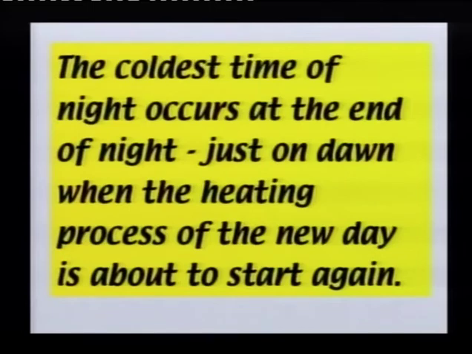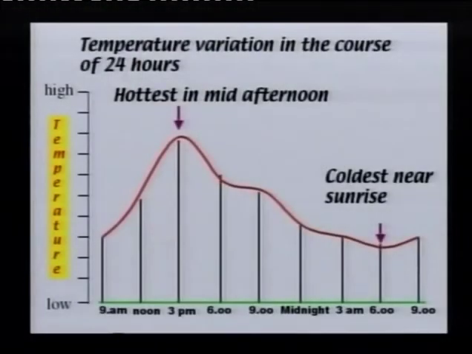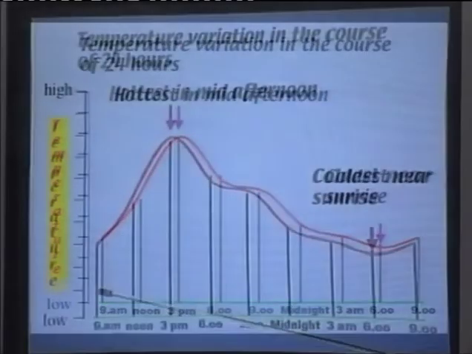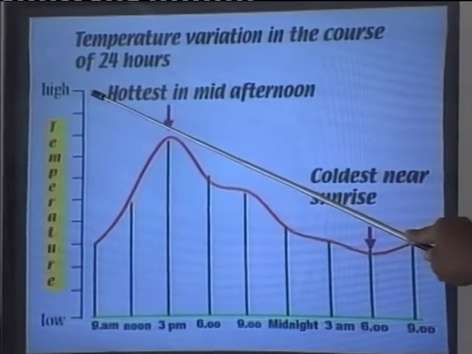Let's check that out by looking at a graph. And then perhaps from that graph, we might be able to see what we mean by temperature variation in the course of 24 hours, hotter by day, cooler by night. If we have a graph to show that, on the vertical axis, we have the temperatures, low temperature here to the high temperature.